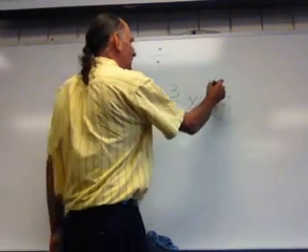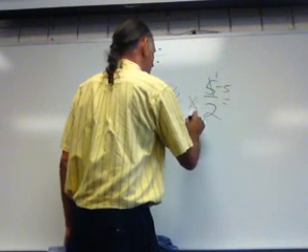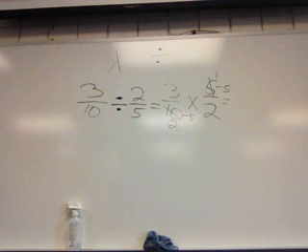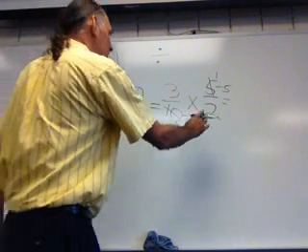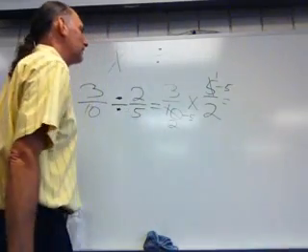Can we do any factoring? Any canceling? Can we do any more? I don't see anything else. Do you? Well, that's not right, is it? That's a 1. Oh, that's right, I'm dividing by 5.